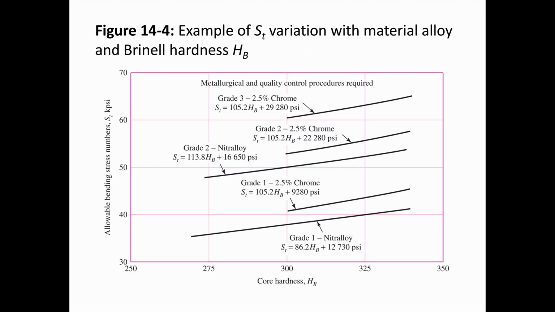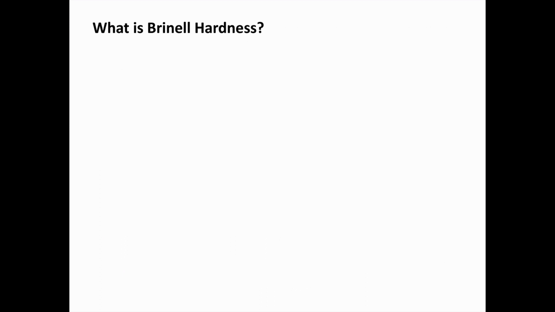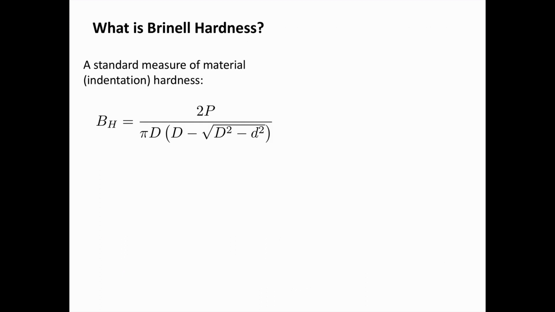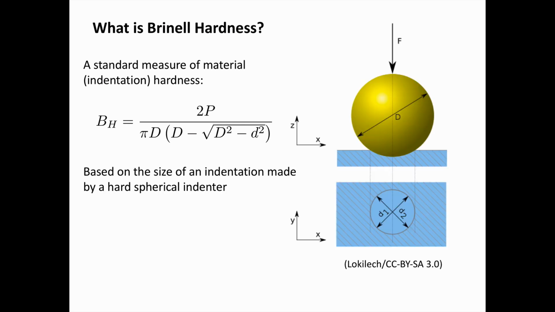So if we go to one of these figures, 14-4 in this case, this is an example of how S sub t varies with material alloy and Brinell hardness. Now, in case you don't know what Brinell hardness is, we should have a quick look at that. It's a standard measure of material indentation hardness.